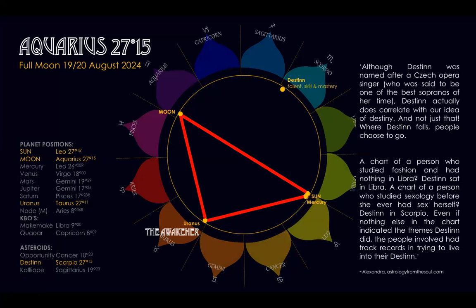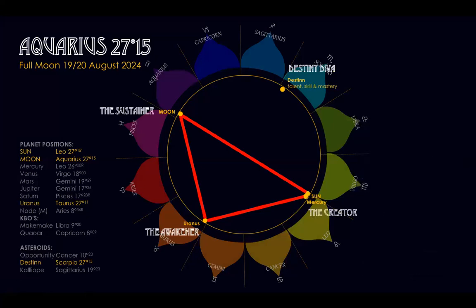The reason I put this in here is when you look at this, Destin is sitting at Scorpio 27 degrees 15 minutes, exactly to the minute square this full moon.